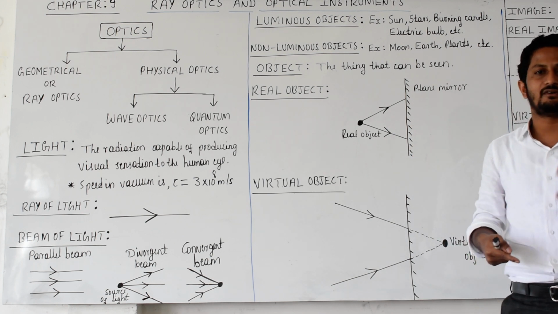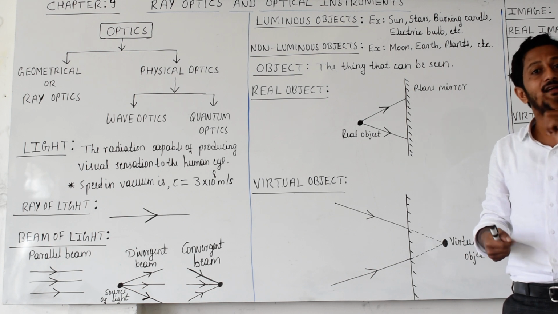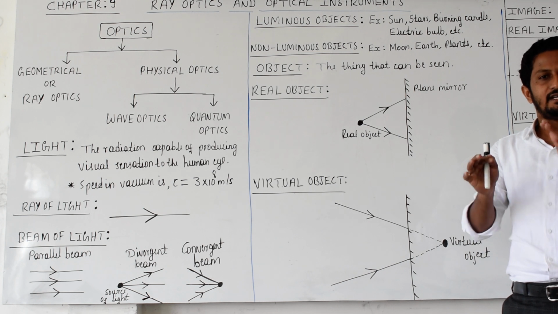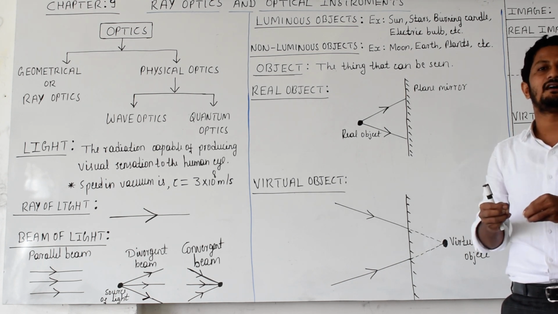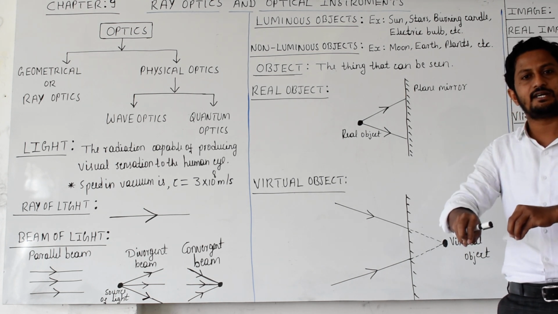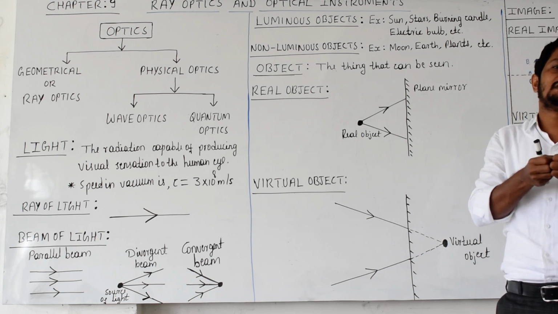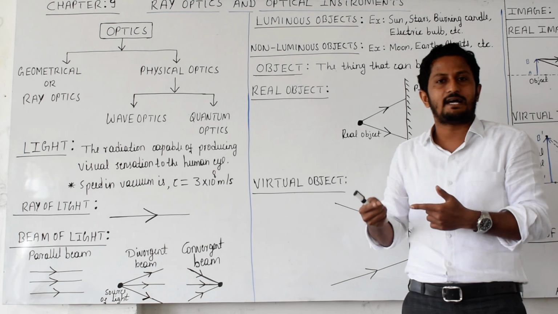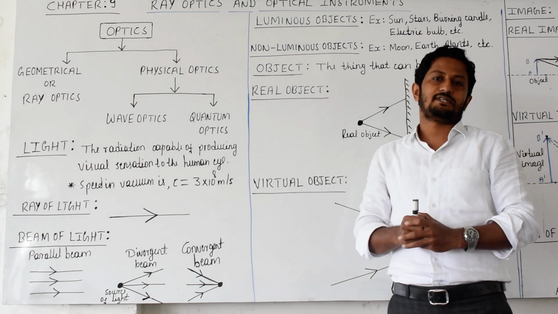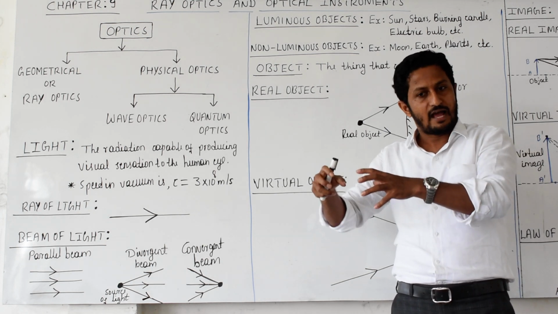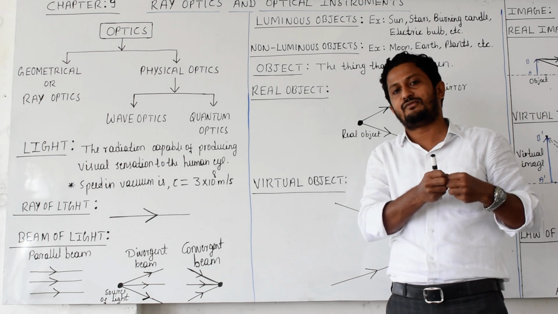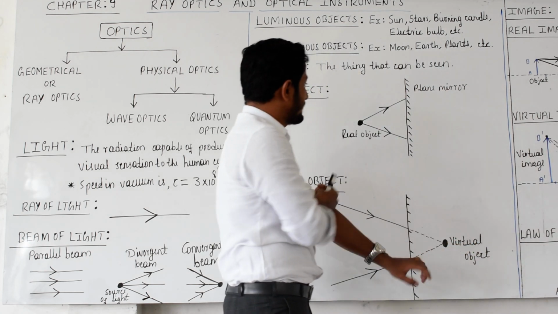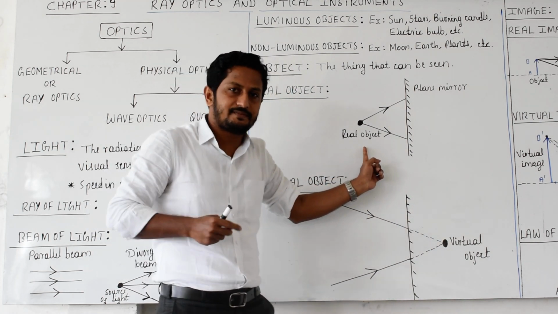So that object we have to call a real object. Are you getting it? Very simple. If the light rays are actually coming from any object, then we call such an object a real object.